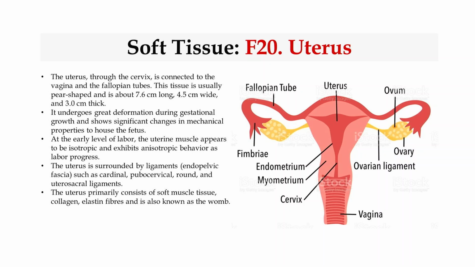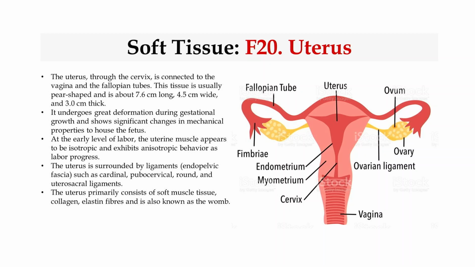The uterus primarily consists of soft muscle tissue, collagen, elastin fibers, and is also sometimes known as the womb, right? From a structural standpoint, you are looking at the uterus, which is connected with the fallopian tube, and then you have the ovaries, which is the eggs, and then it moves towards the endometrium, followed by the myometrium, to the cervix and to the vaginal opening, right?